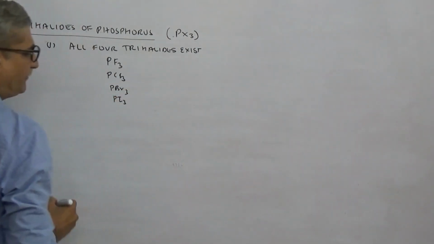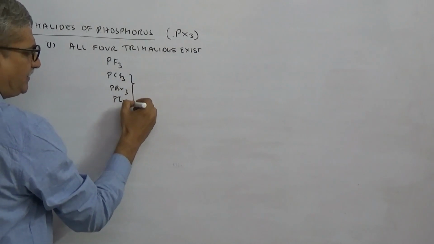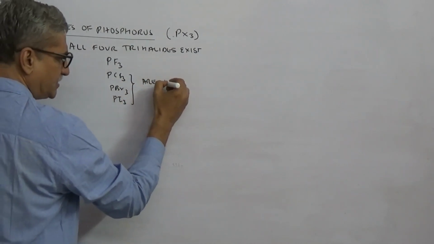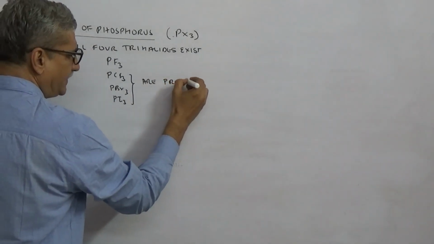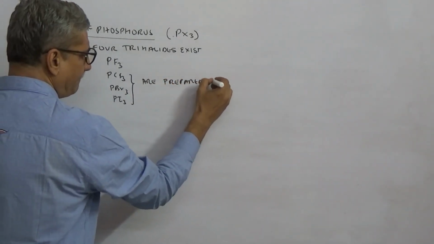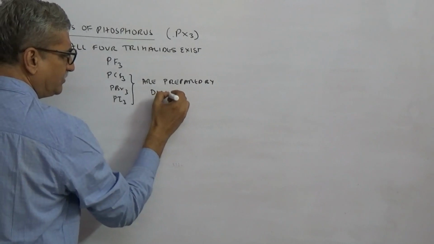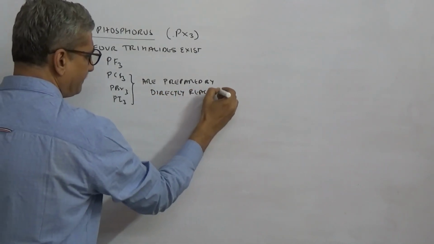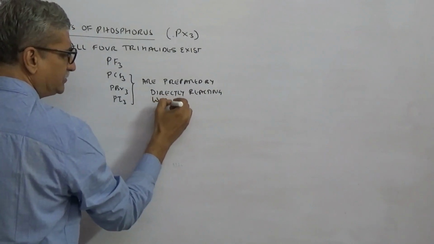The first point is that PCl3, PBr3 and PI3 are prepared by directly reacting phosphorus with the halogen.